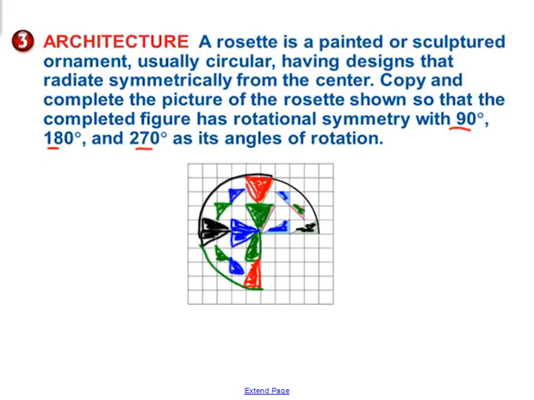I'm sorry, at 270, and then I would need to complete it by completing just the last portion here for the last section, just to make everything complete.